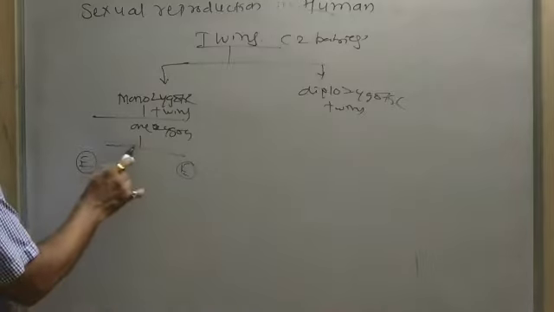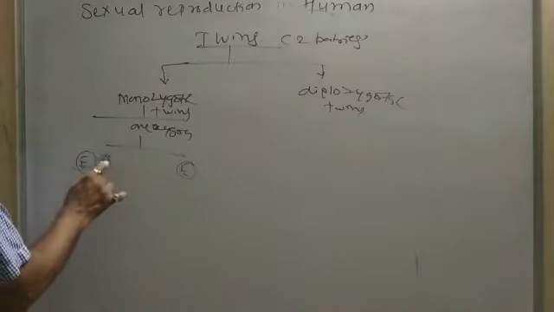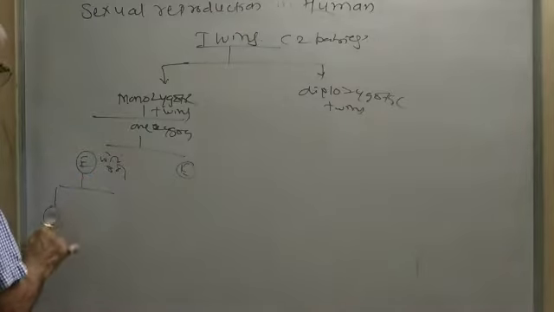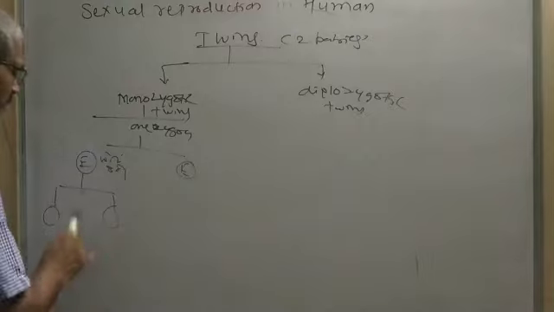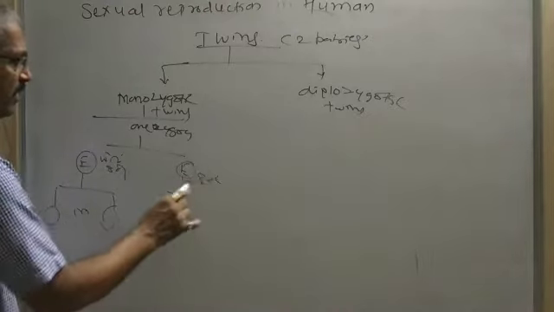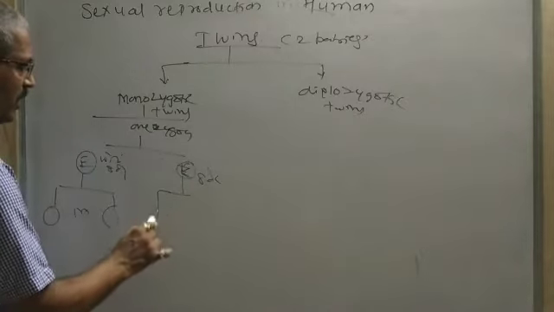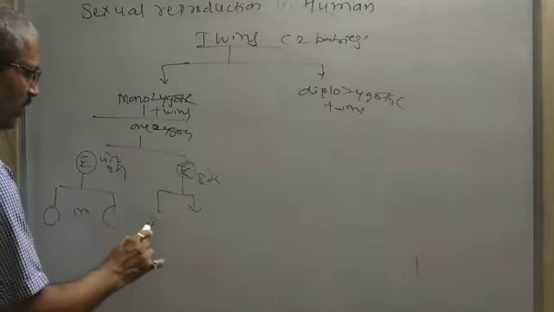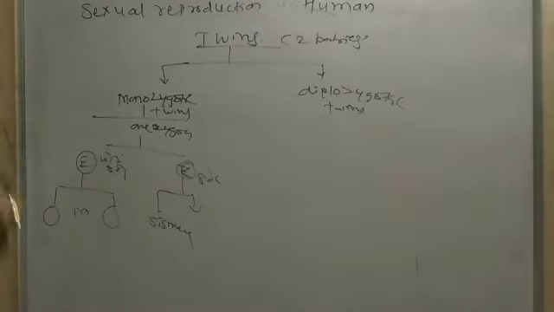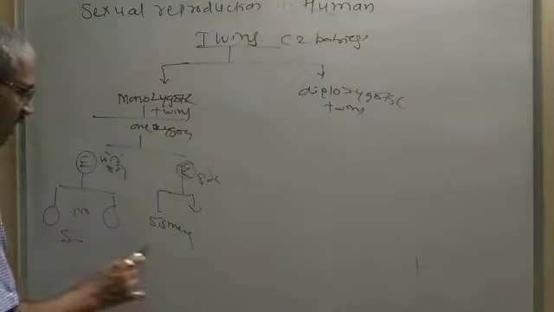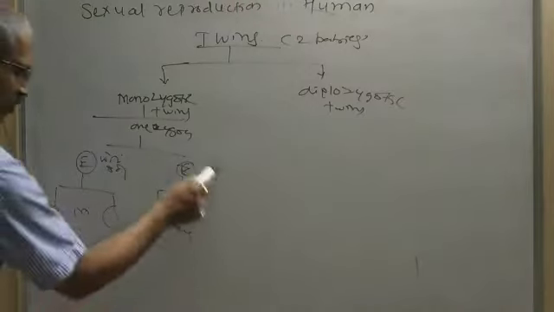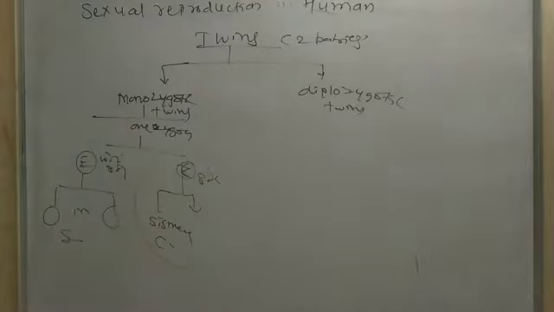Within 8 days, two embryos are developed. This is called monozygotic, and when the zygote divides after 8 days, that is called siamese. These are similar and conjoined. There is always a problem with siamese twins.